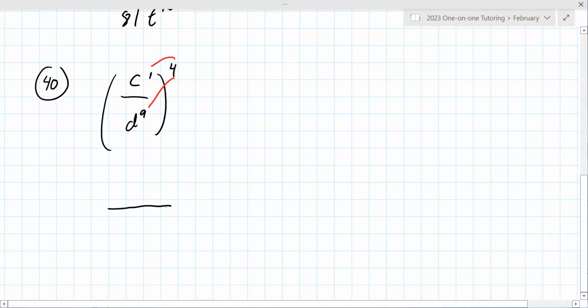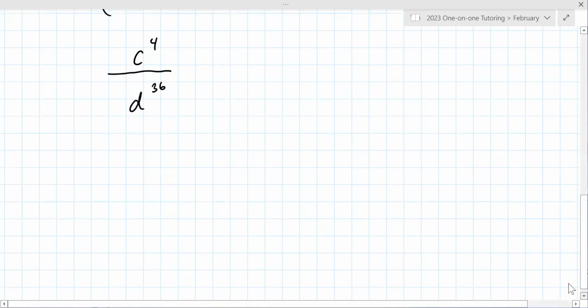C would be C to the 4th, good. And then D would be, you're multiplying, it's 4 times 9. 36, good. Any questions on that? No, thank you.